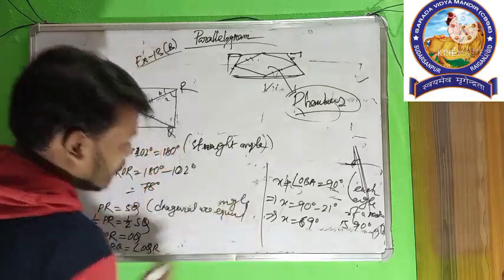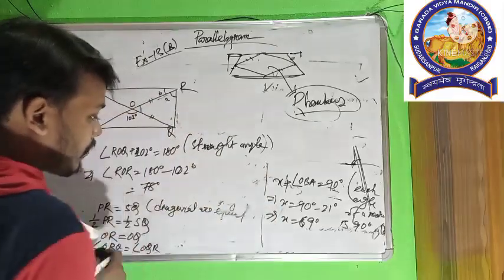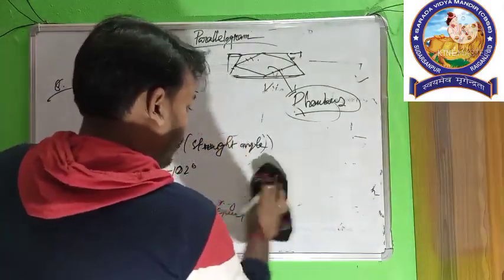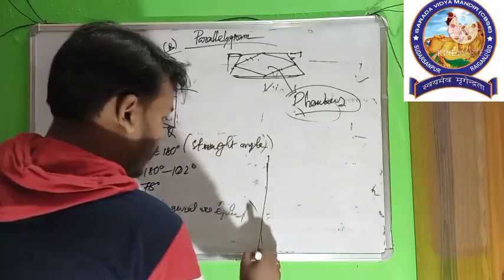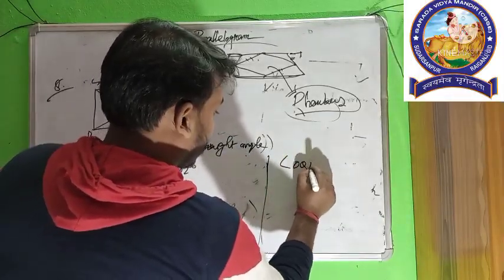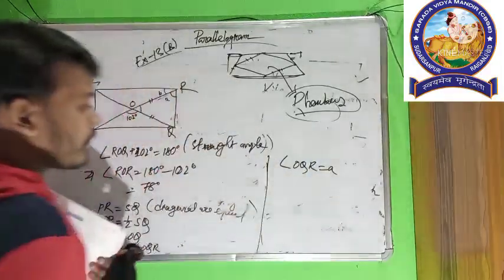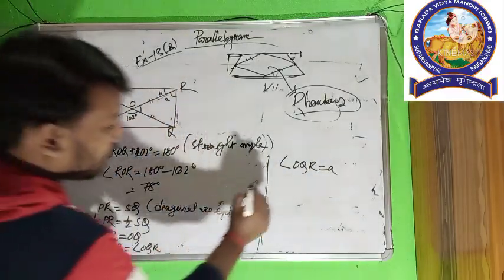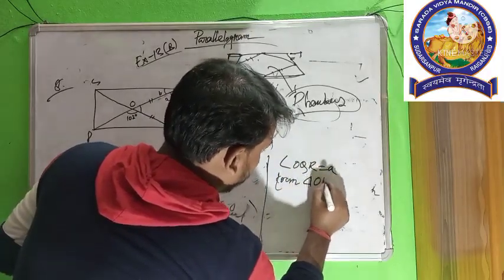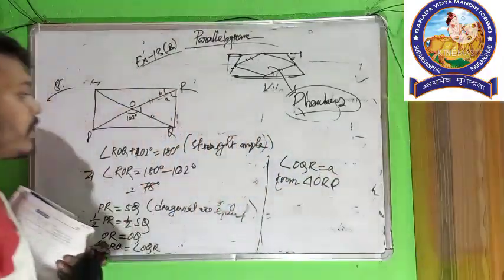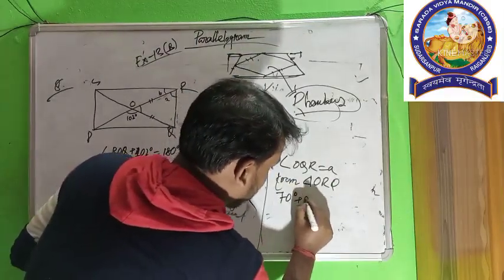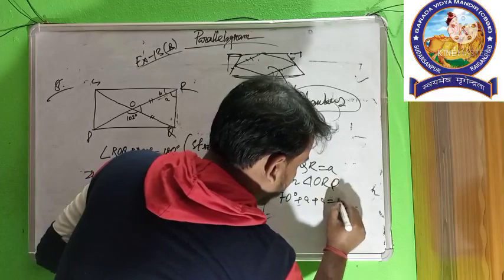So angle OQR equals a, and from triangle ORQ, by the angle sum property of a triangle, 78 degrees plus a equals 180.